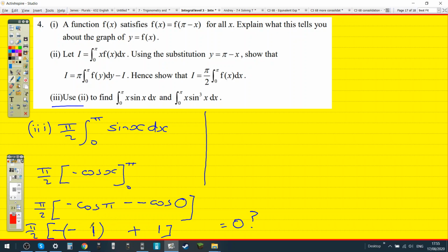So it ends up being 1 plus 1. Do you get that part? Yeah. And so it is pi over 2 times 1 plus 1. And so what do you get there?